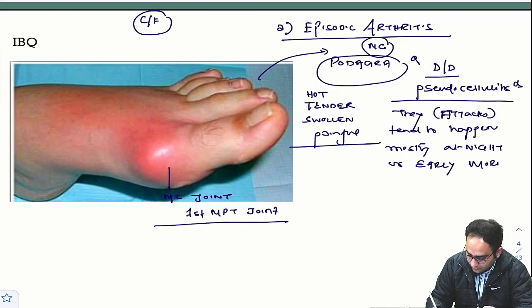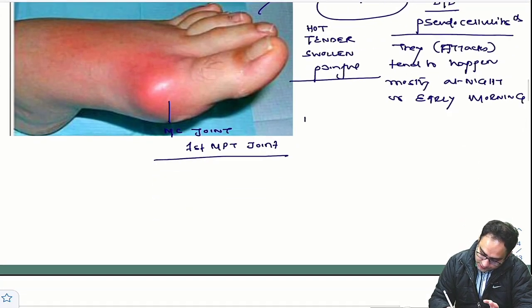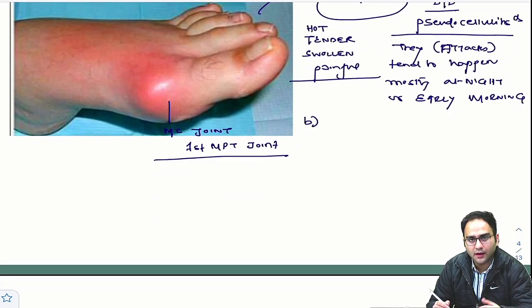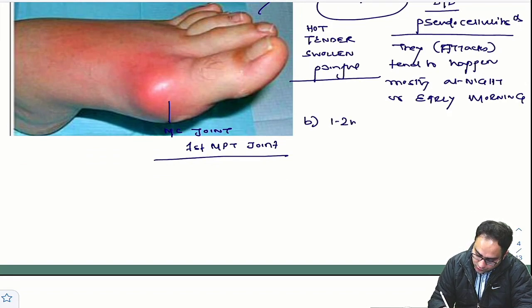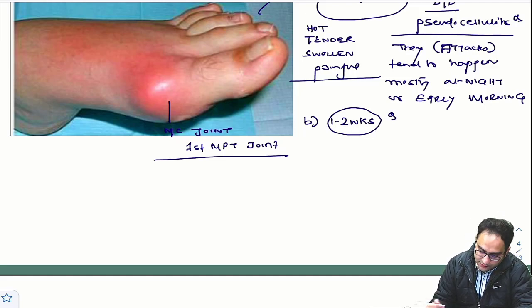So they kind of become an emergency, where you have to visit a doctor with such a hot tender joint. Okay. So once the acute arthritis happens, it lasts for 1 to 2 weeks, after which there is a remission.